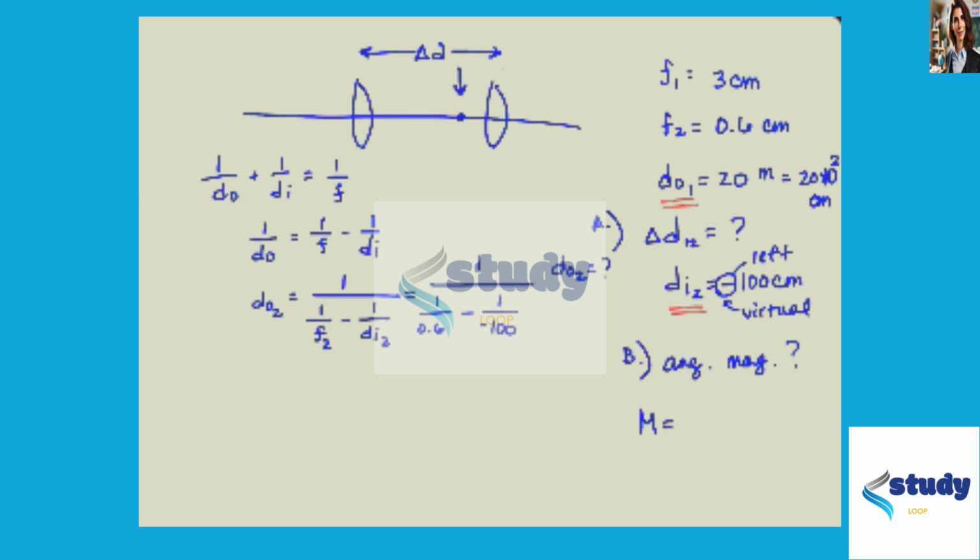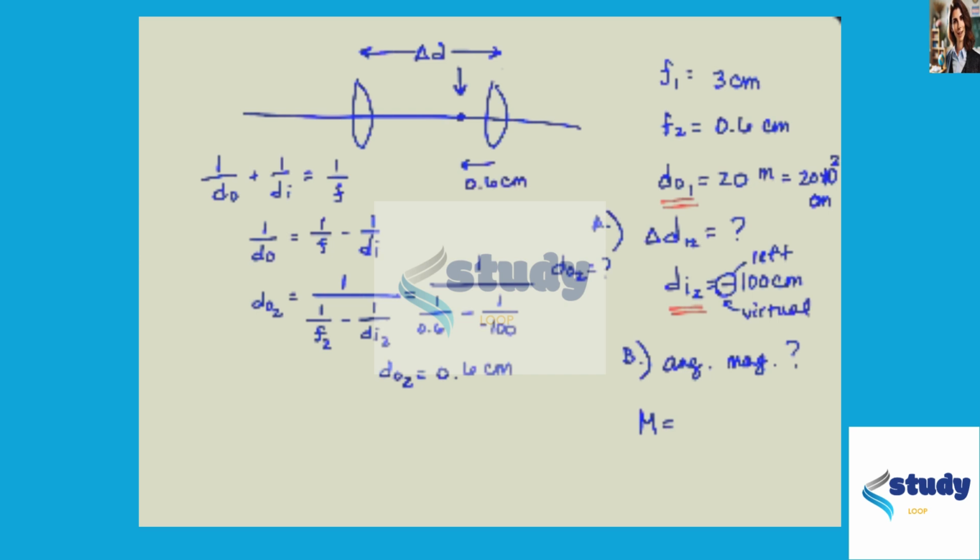Plugging all of that into your calculator, you should get an object distance of 0.596, or 0.6 if you round. What that tells you is that the image of the first lens is located a distance of 0.6 centimeters from the second lens.